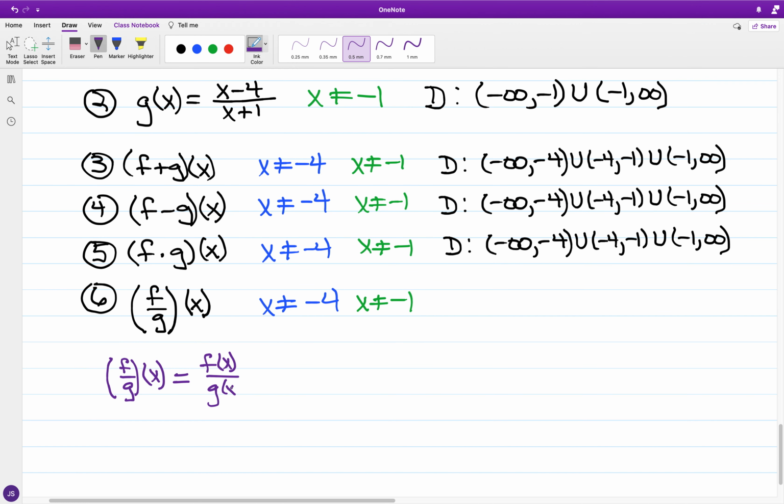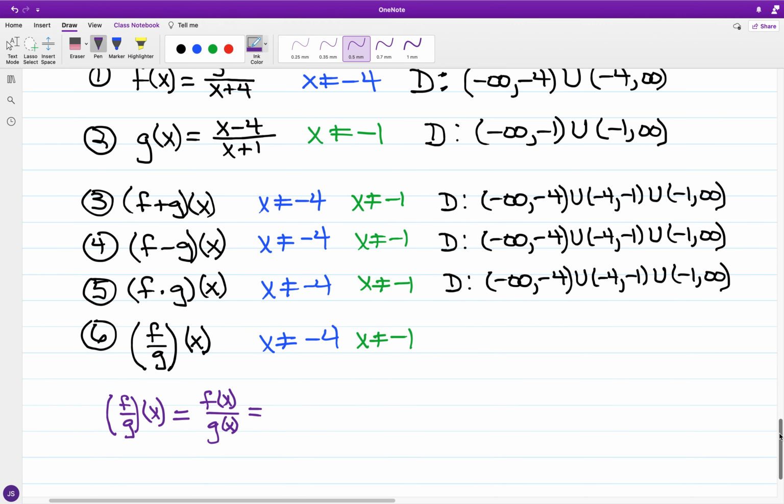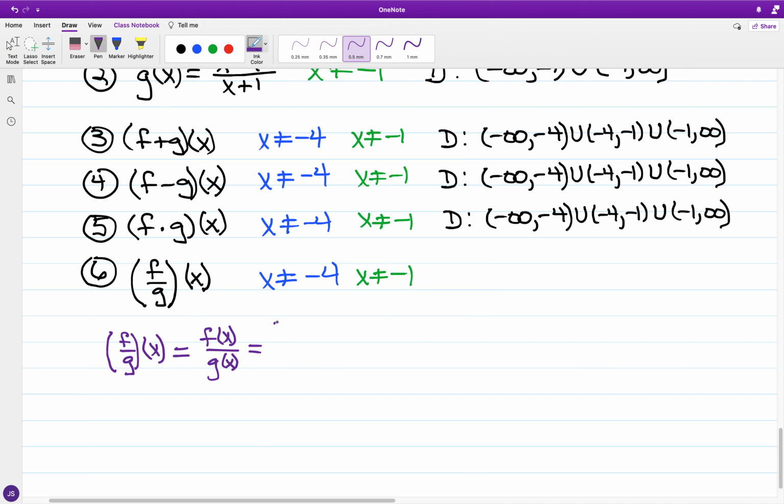So you have f of x over g of x. With f of x, we had 3 over x plus 4, and with g of x, this was x minus 4 all over x plus 1.